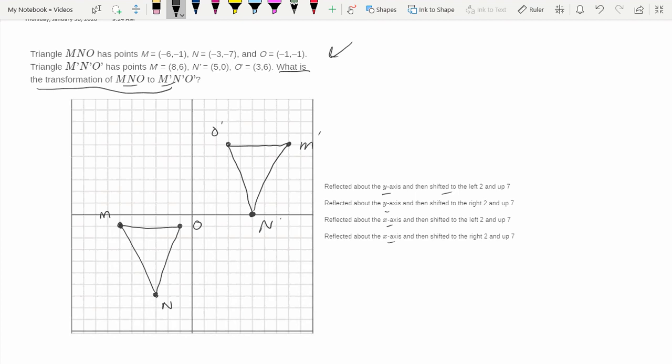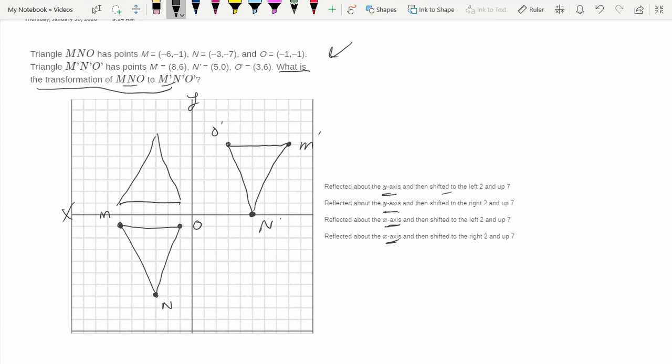So let's try and eliminate answers. So I know that it's either going to be y-axis or x-axis. Now let's remember the x-axis is here and the y-axis is here. Well, if I reflect over the x-axis, I'm going to end up with a triangle that looks roughly like that.